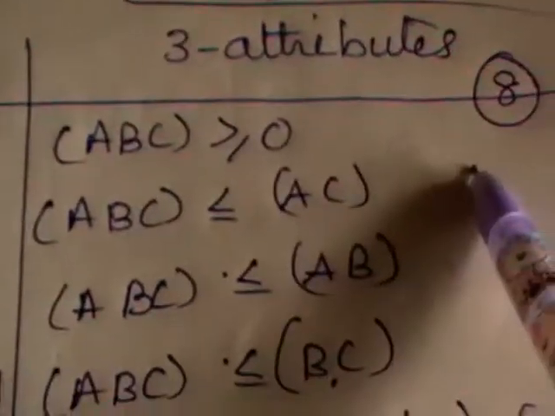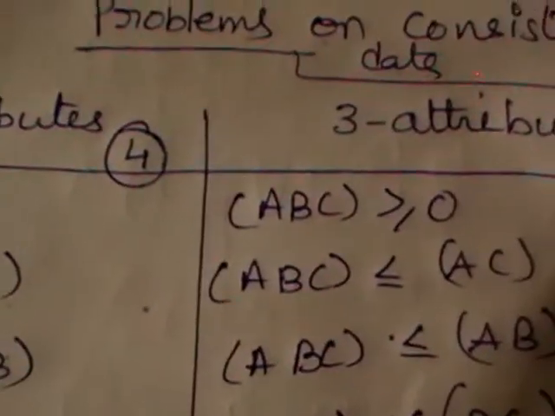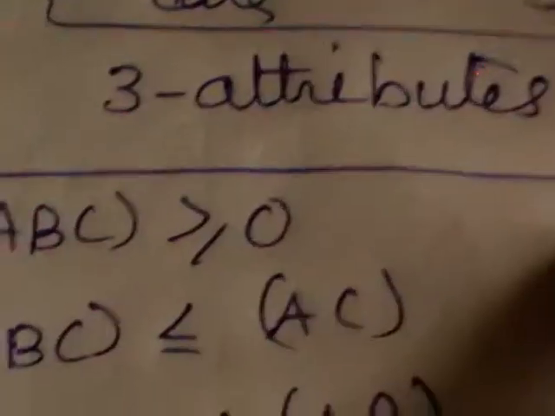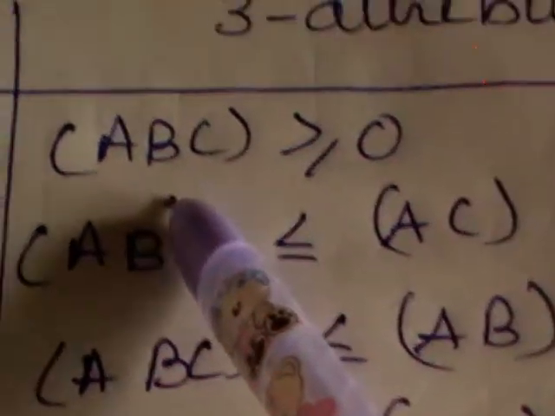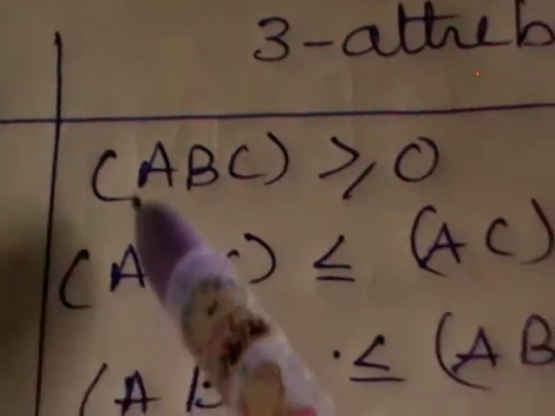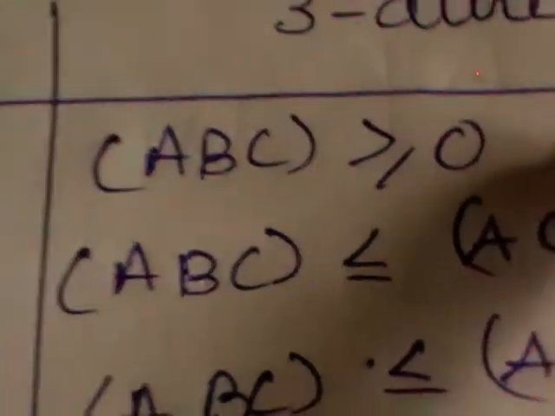When you have 3 attributes, you are going to get 8 conditions. Third order frequencies are the highest order frequencies, such as ABC, AB gamma and so on. Among those, the positive frequency is nothing but ABC. So the first one, as with 2 attributes, is ABC greater than 0. Out of 8 conditions, 1 is done.